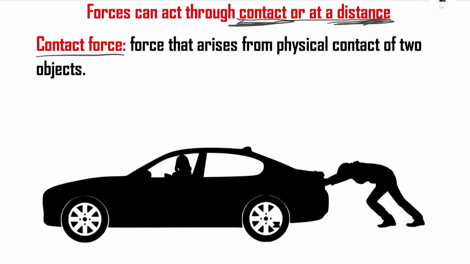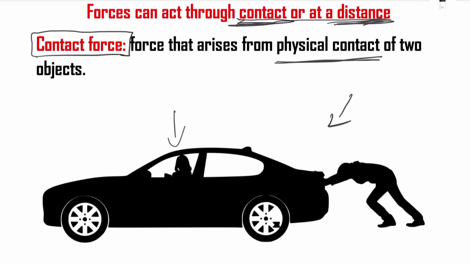Contact force, we can understand from its name. It is very simple and easy to understand. To see this force, we have to see physical contact in the action. For example, here there is a picture of one guy in a car. Maybe you have seen this picture in your daily life a lot of times. I have seen it a couple of times this month.